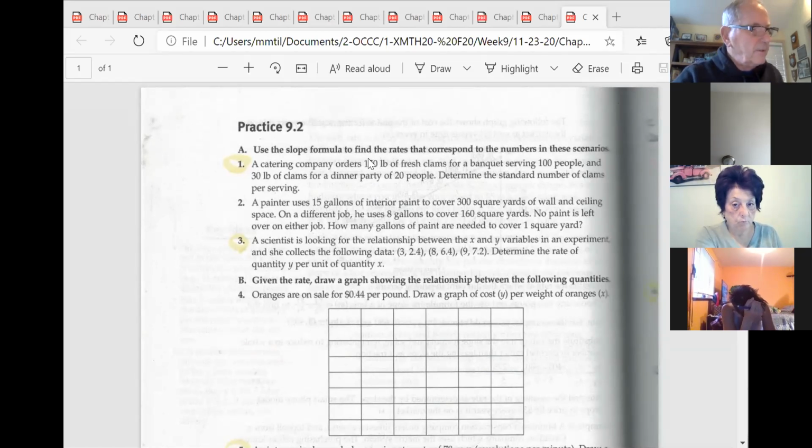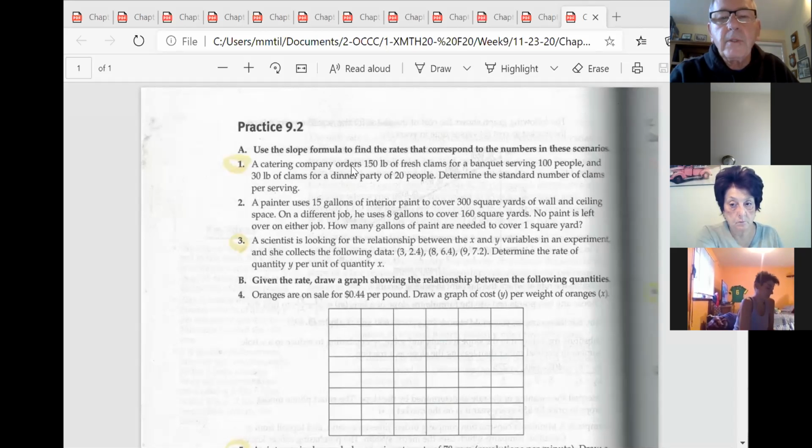You've got an X and a Y value for two different data points. The first one is 150 pounds for 100 people. And the second one, you've got 30 pounds for 20 people. Determine the standard unit of clams per serving. So you can take this 150 and 100 and 30 and 20.